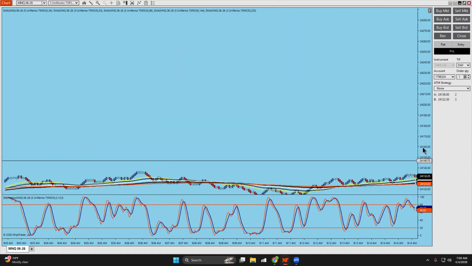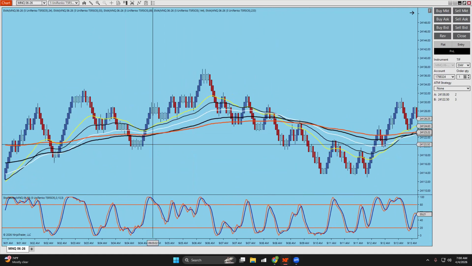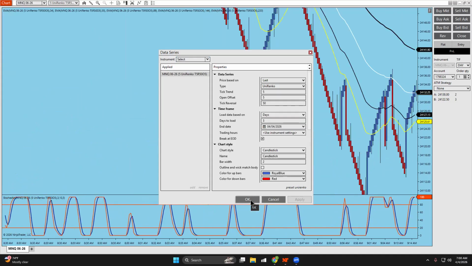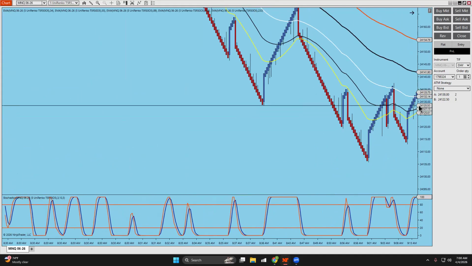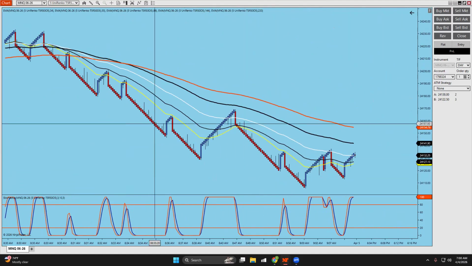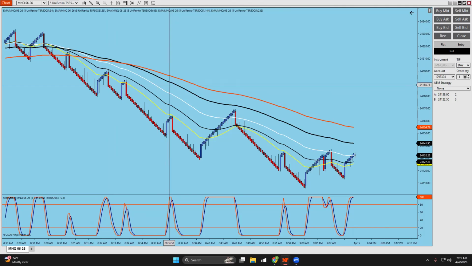You see the Renko candles are kind of weird looking now, right? If I were to make this 50 and click apply, weird looking candles again. I'm going to experiment with these, but you never know.